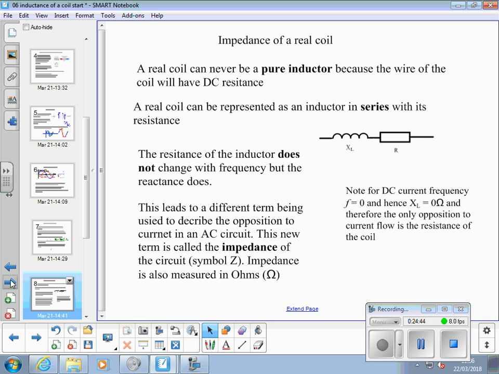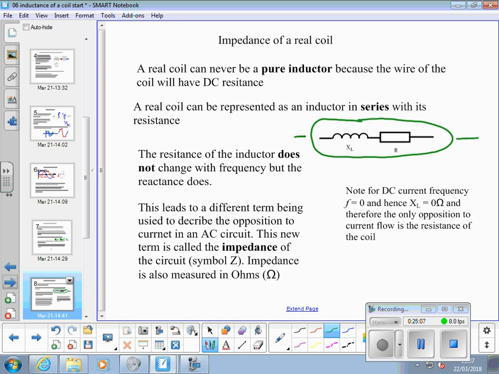So it's resistance in DC, impedance in AC, where the impedance has the symbol Z and is also measured in ohms. So these two together have a combined impedance that is Z.